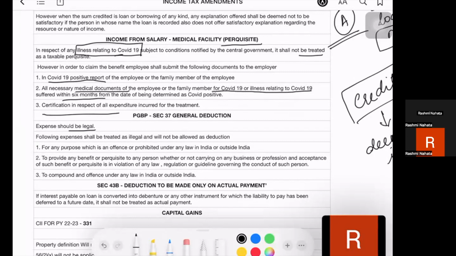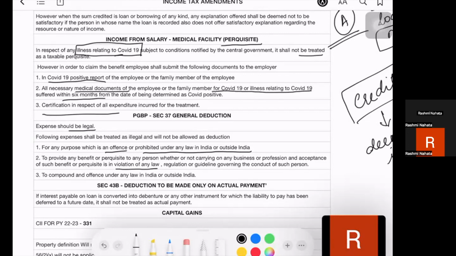So they say that if anything is an offense or if anything is prohibited under any law, it shall be illegal. Also, if any other benefit is provided which is in violation of any law, so the Indian Medical Association has prohibited any kind of freebies to be given to the doctor by the pharmaceutical companies.